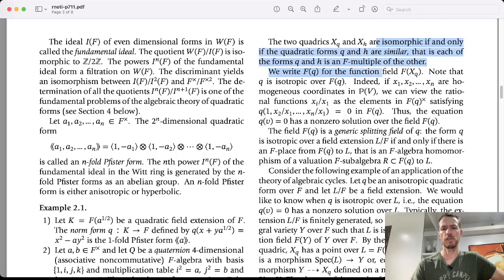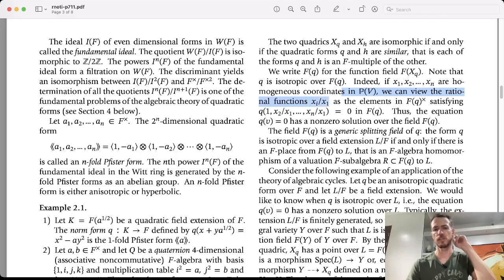We write F(Q) for the function field F(X_Q). Note that Q is isotropic over F(Q). Indeed, if x1, ..., xn are homogeneous coordinates in the projective space of V, we can view the rational functions xi/x1 as elements in the multiplicative group of F(Q), satisfying Q(1, x2/x1, ..., xn/x1) = 0 in F(Q).